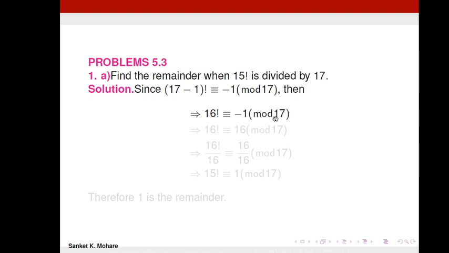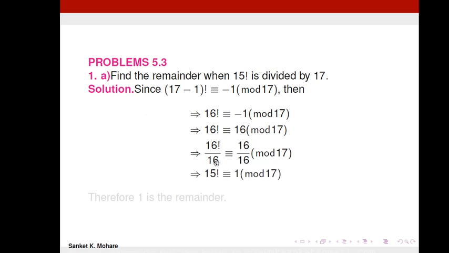And we know that p minus 1 is congruent to minus 1 modulo p. So here 17 minus 1, that is 16, is congruent to minus 1 modulo 17. That's why 16 factorial is congruent to 16 modulo 17. Dividing both sides by 16, 16 factorial upon 16 is congruent to 16 upon 16 modulo 17.